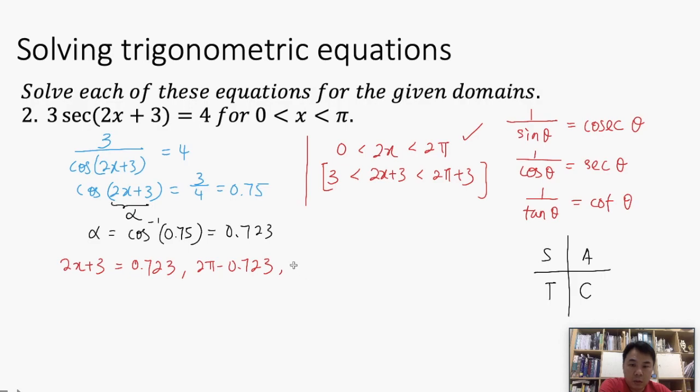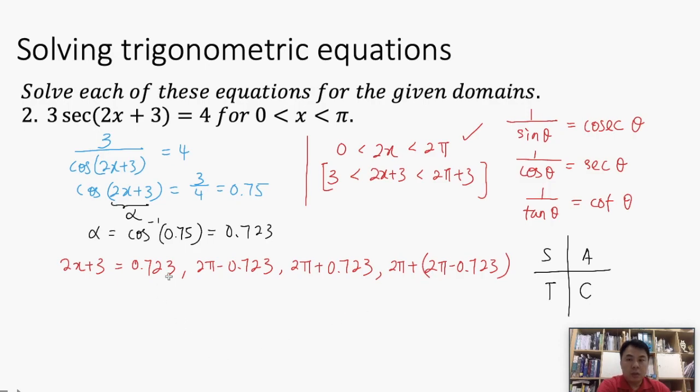So I'm going to take that 2 pi add up with 0.72, that is to turn one more round, and then finally I'm going to add one more round to this in case I miss out any solutions here. So that will be 2 pi plus whatever I have here, 2 pi minus 0.723.